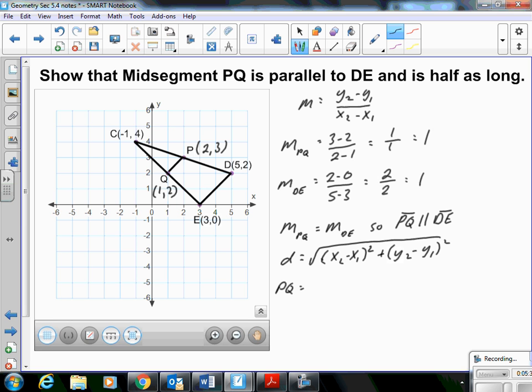So for PQ, start with our x's. We've got 2 and 1, so 2 minus 1 squared. And then for the y's, 3 minus 2 squared.